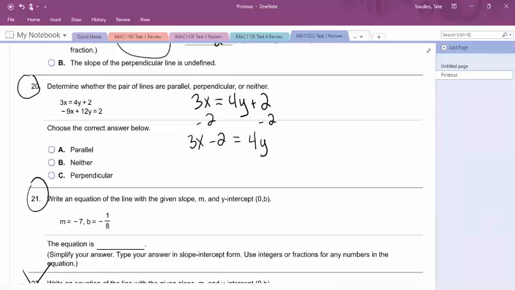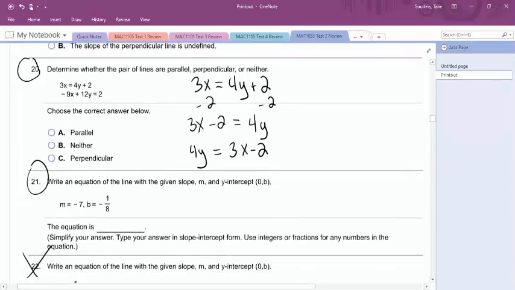It doesn't matter, right? I'm going to do that because then it looks closer to the format we're used to. But then what would be the last step? Just divide by 4 on both sides. Good. So the equation would be y equals 3/4 x minus, and then 2/4 would reduce down to 1/2 technically.